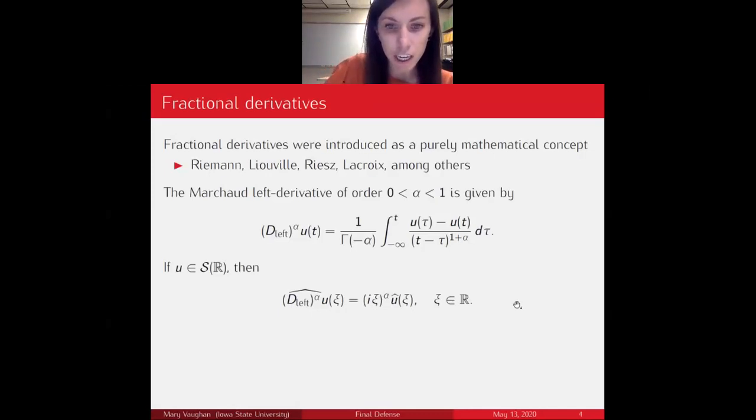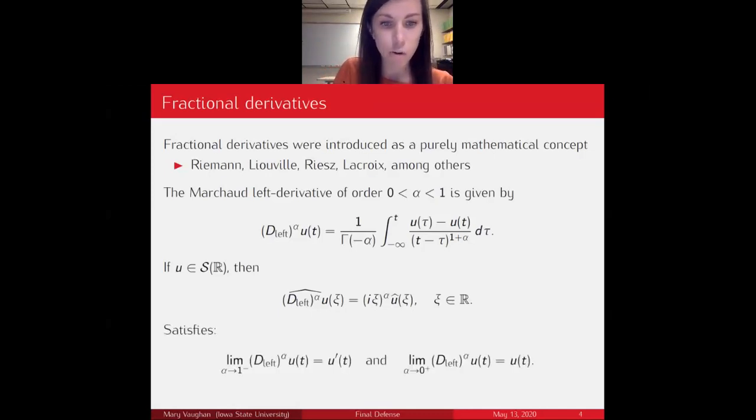Here you can see it satisfies desirable properties: when alpha goes to zero, you recover the function u, because you just have the Fourier transform of u. As alpha goes to 1, this is the Fourier transform of the derivative, so you recover the derivative, which gives the appeal of why we call it a fractional derivative.